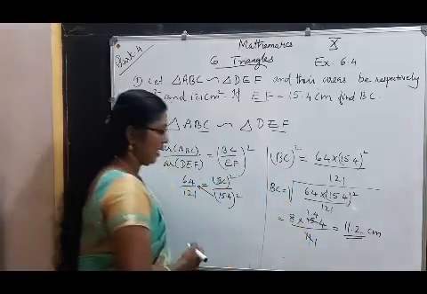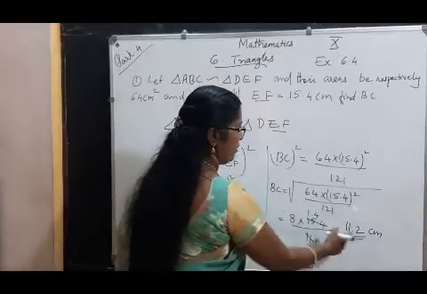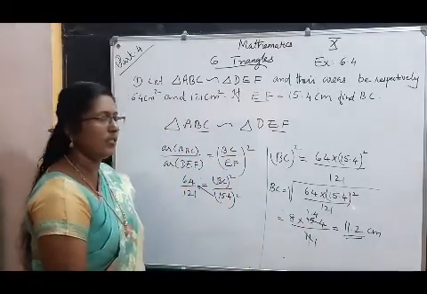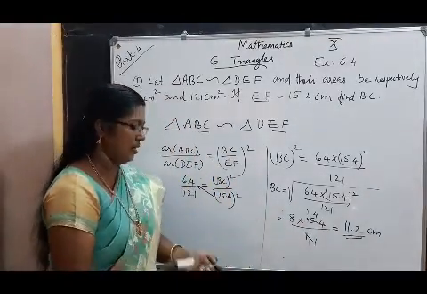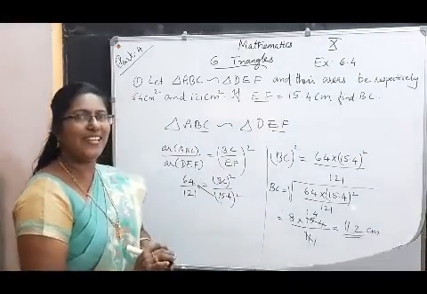The answer is 11.2 centimeter. Our BC is 11.2 centimeter. Okay, clear? The next question.